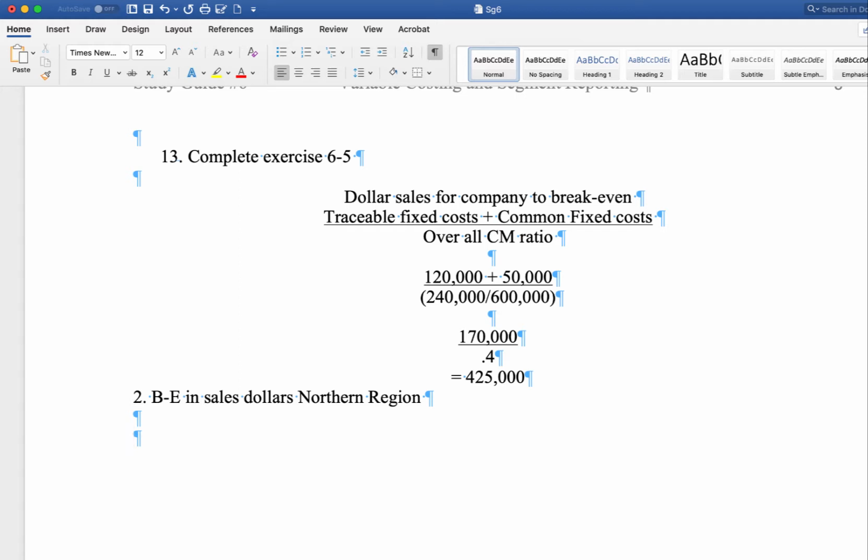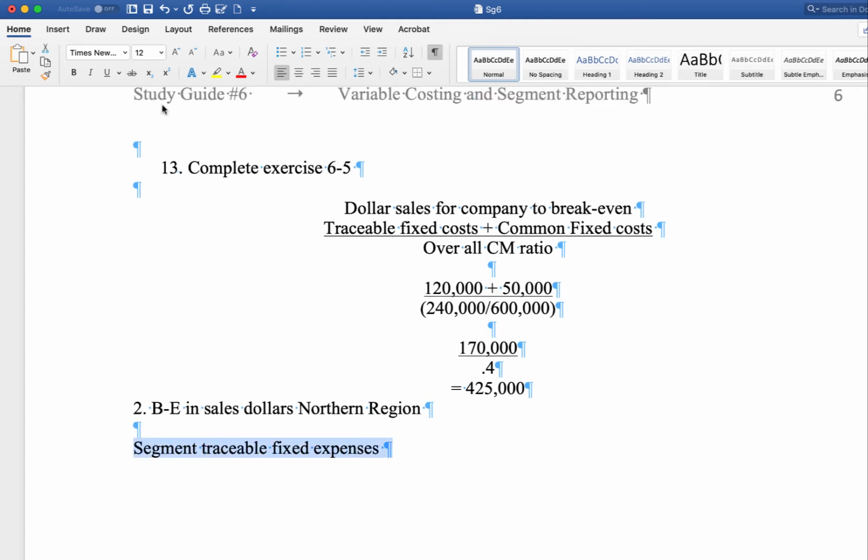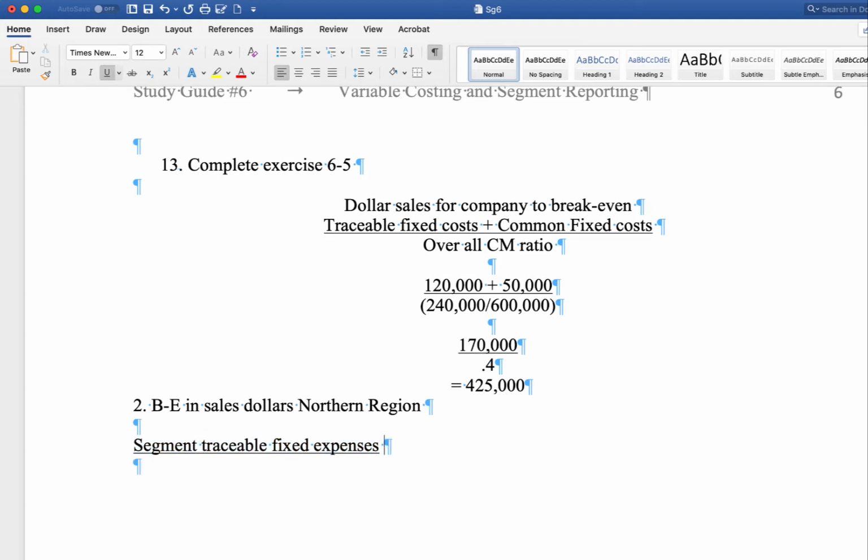Well, to calculate the sales dollar for a segment to break even, I need to take the segment traceable fixed cost or fixed expenses, and I need to divide that by the segment CM ratio. Okay? All right, I can do that.